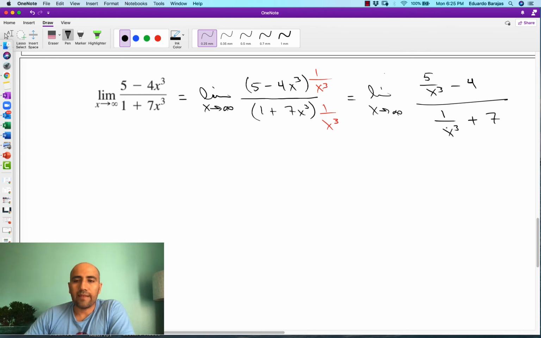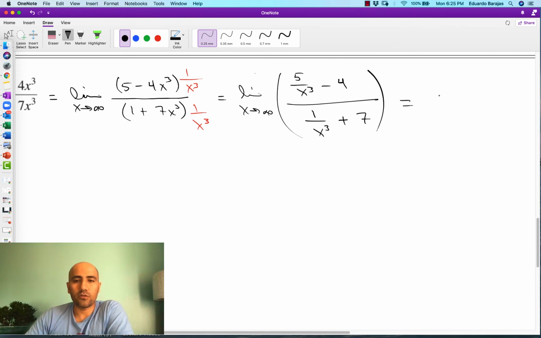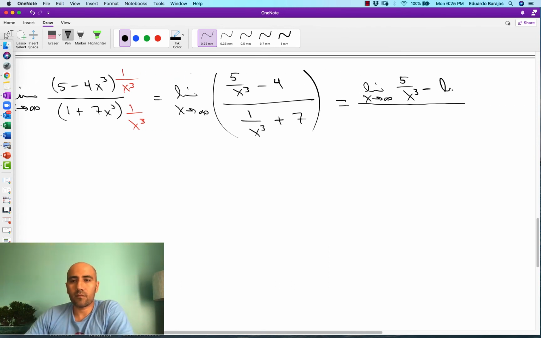Good. Okay, and now we have this giant limit like this. Then this is going to be equal to the limit, and we can break this up into little pieces here. This is the limit as x approaches infinity of 5 over x to the third minus the limit as x approaches infinity of the number 4, divided by the limit as x approaches infinity of 1 over x to the third power plus the limit as x approaches infinity of the number 7.